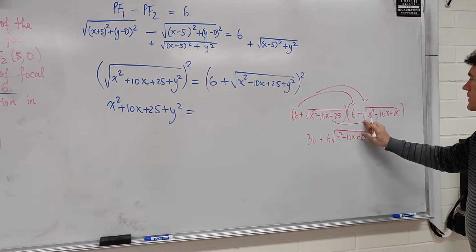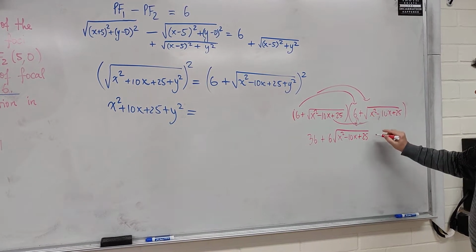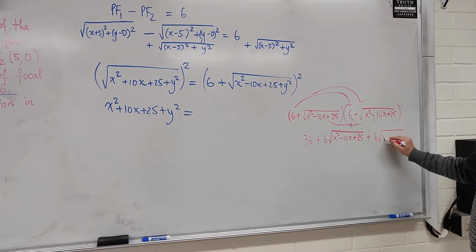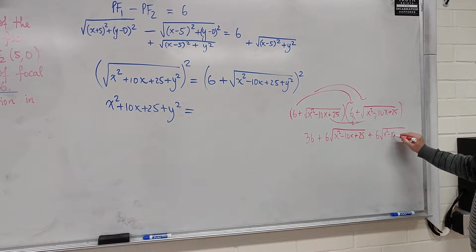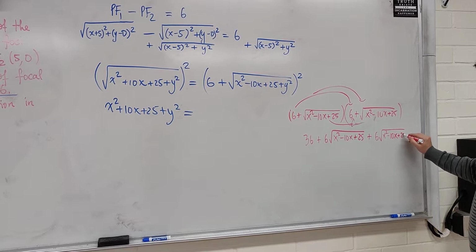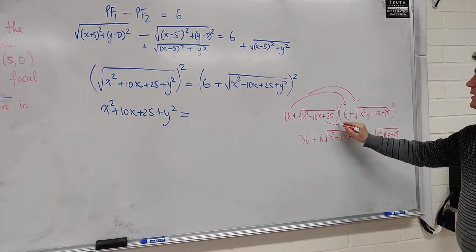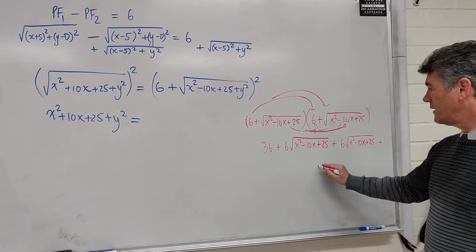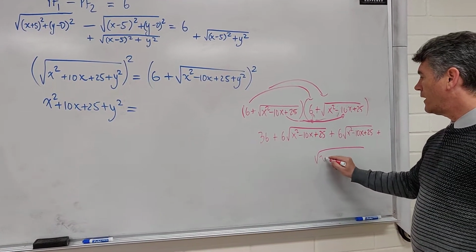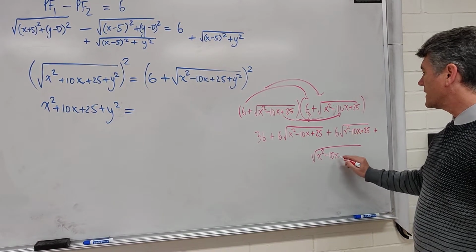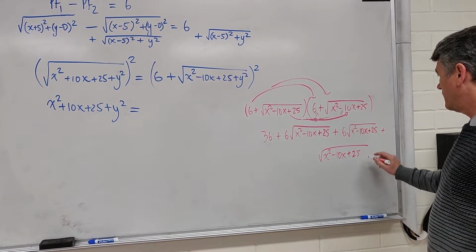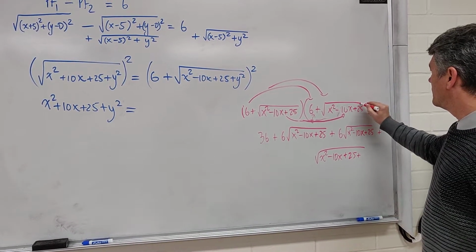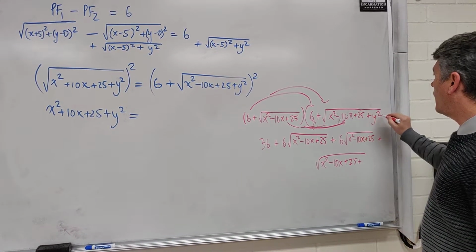The square root times 6, that is another 6 square root of x squared minus 10x plus 25. And then the square root times itself is just going to be plus the square root of x squared minus 10x plus 25 plus y squared.